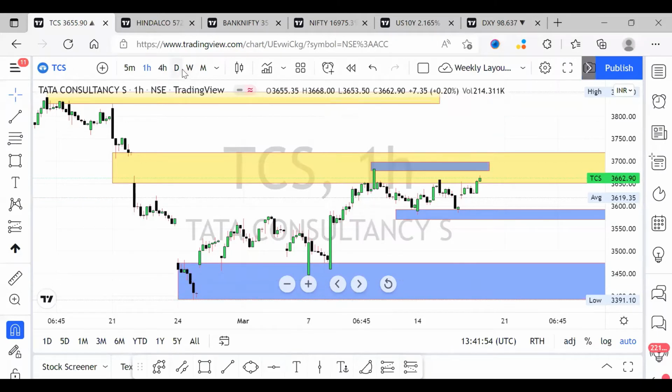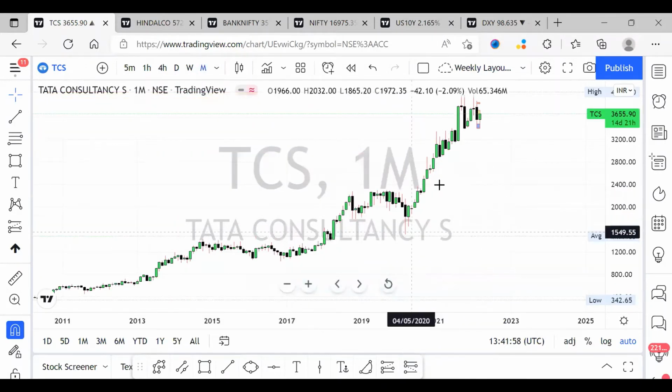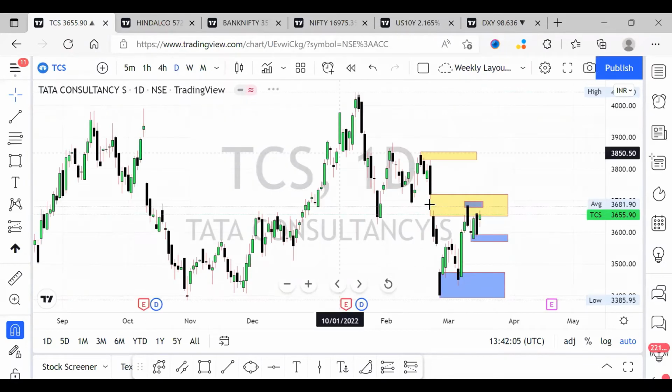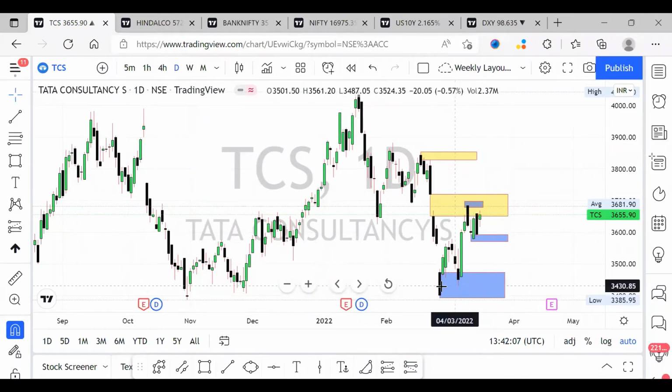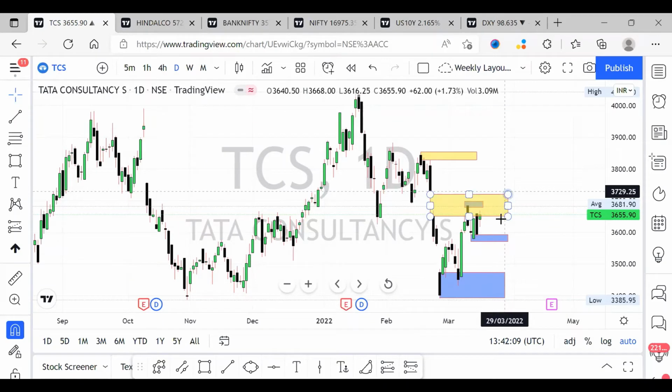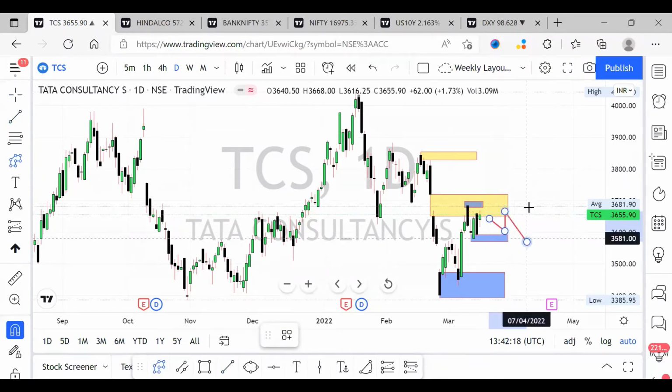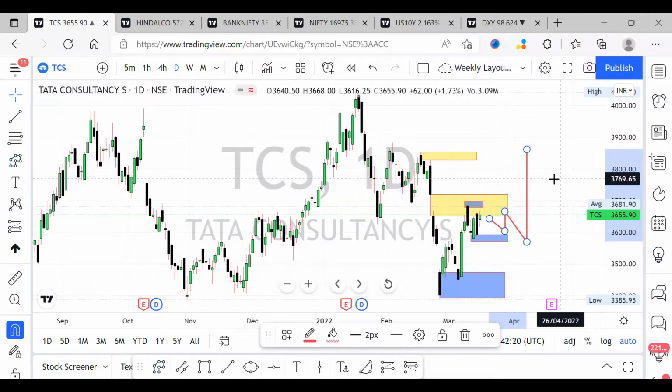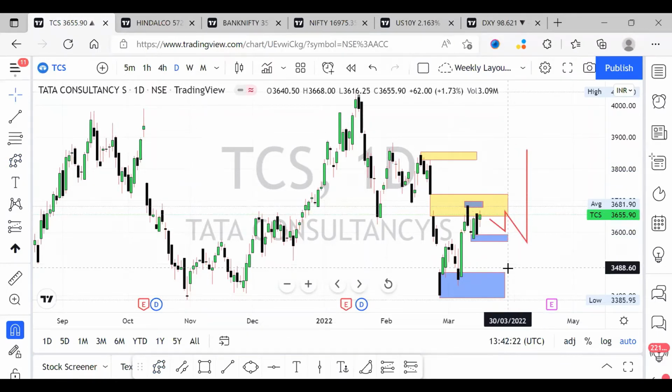But overall, if we look at it from the monthly, we're in bullish territory, so that means the price should go up. However, because the price reversed from here, look at where price should be going. If you are going long, try and see if you can get price to go up to here and then reverse. So this should be the overall.